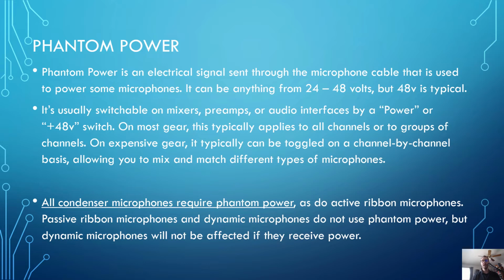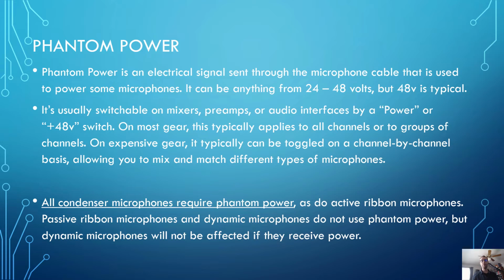On most consumer-grade gear, this typically is applying phantom power to either all channels or to a set group of channels. On pro gear, it's toggled on a channel-by-channel basis, allowing you to mix and match different types of microphones. And this is very important to know.